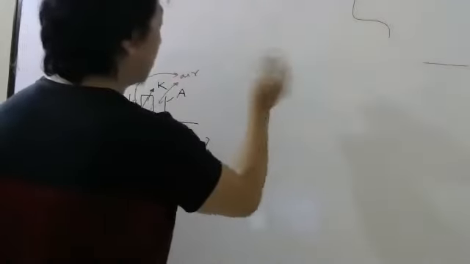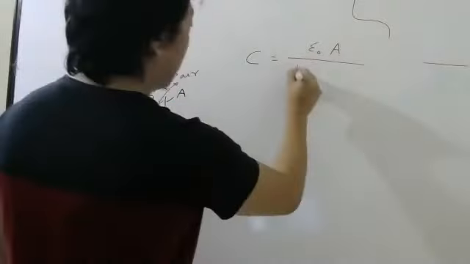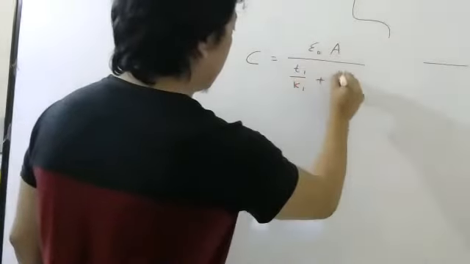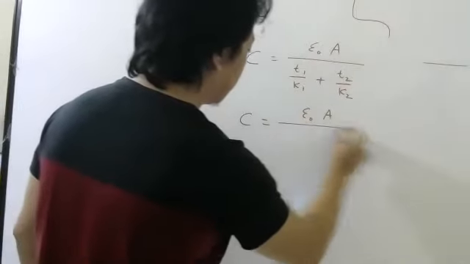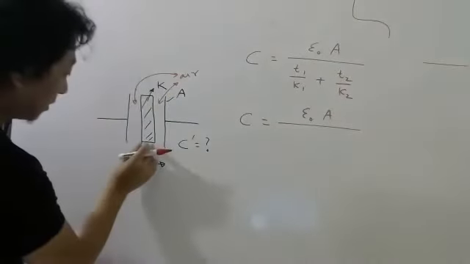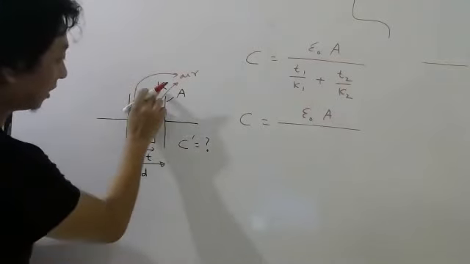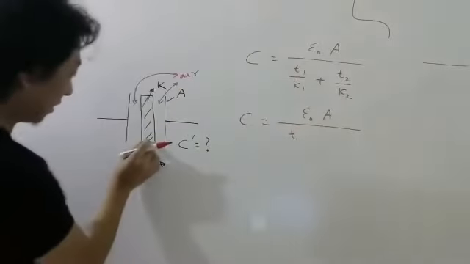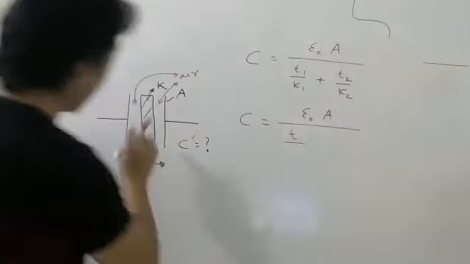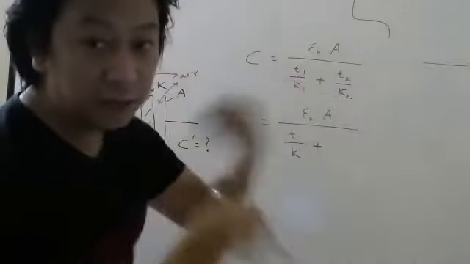Okay. So what is the formula? If you remember, C equals epsilon naught A, area is common, remember, over T1 by K1 plus T2 by K2. Now look carefully. In this much thickness, what is the medium? This medium. How much dielectric constant? K in this much thickness. So I can write for this first thickness T divided by dielectric constant K, plus T2 is the remaining thickness.